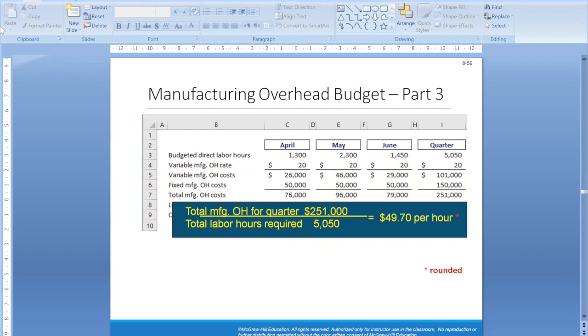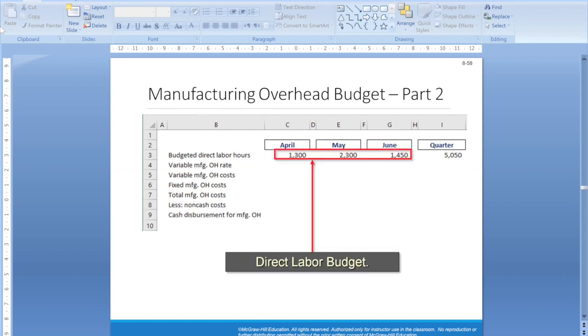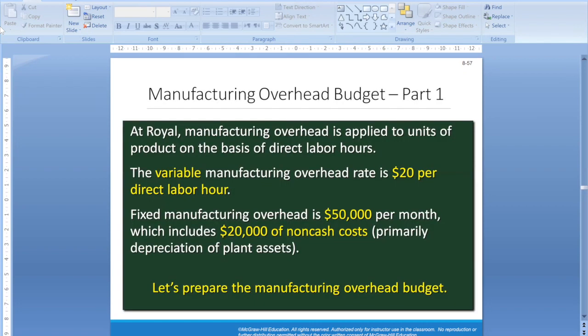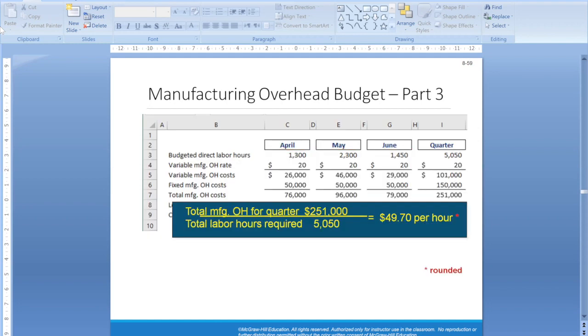So 1,300 for April from the previous budget times the variable manufacturing overhead rate of 20 gives me the variable manufacturing overhead cost, only the variable, 26,000. I also have a fixed manufacturing overhead of 50,000, so I will add it to the budget.